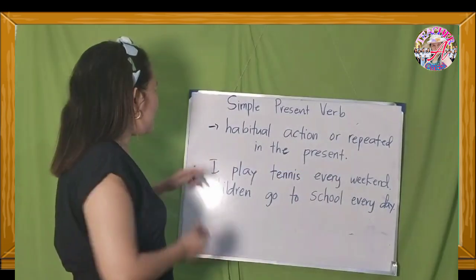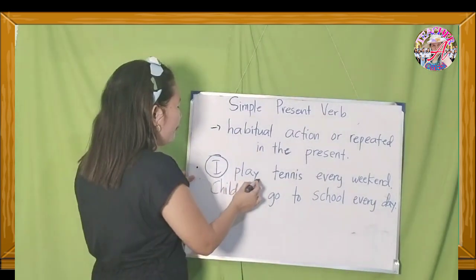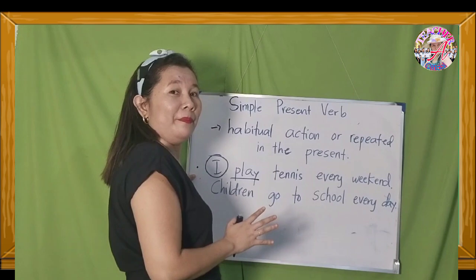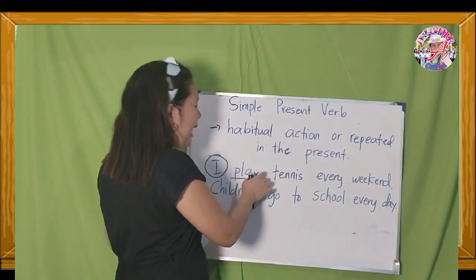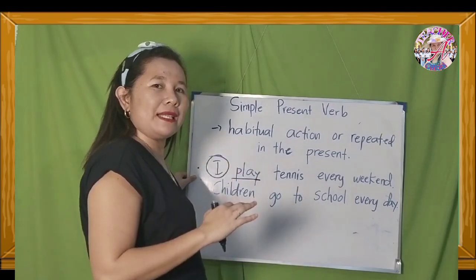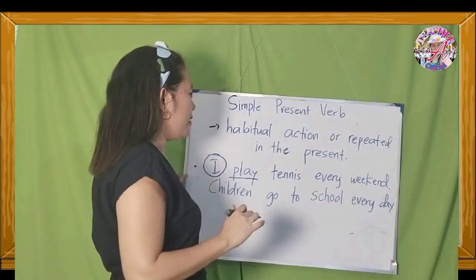Our subject is I. So, our verb is always in the base form. We do not add s here. So you cannot say I plays. It's a wrong sentence. I play tennis every weekend.